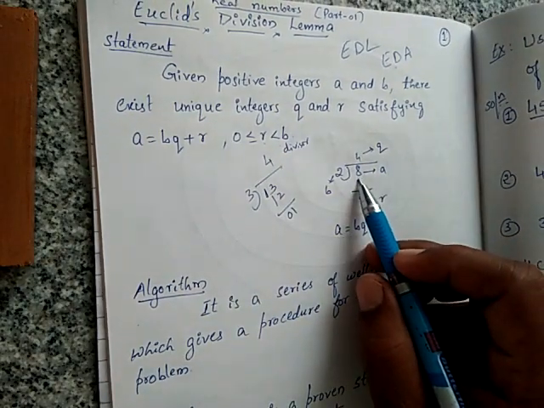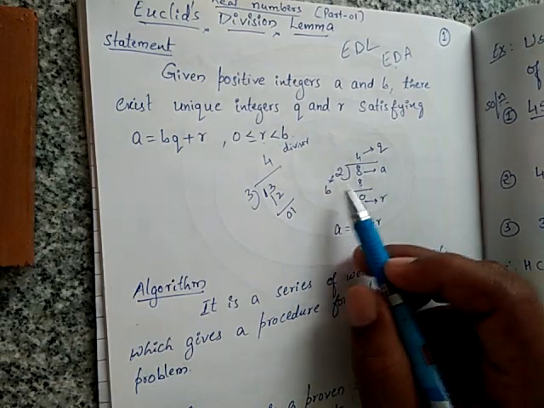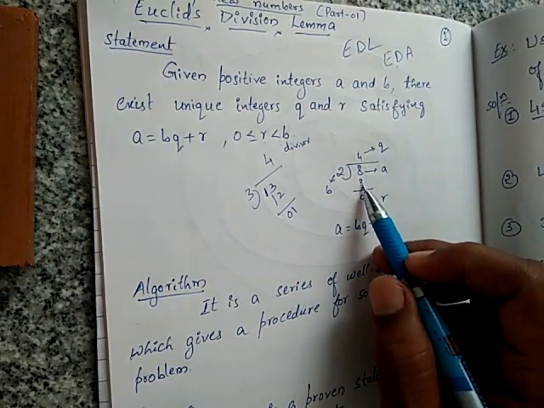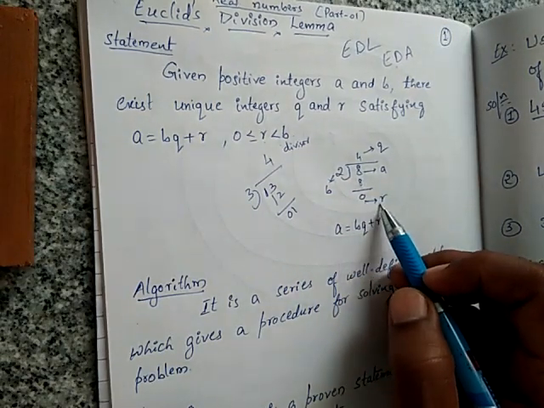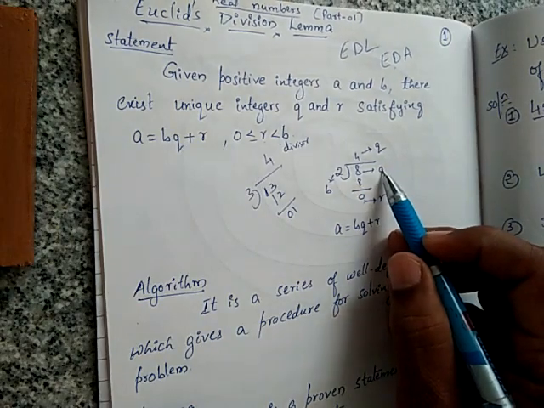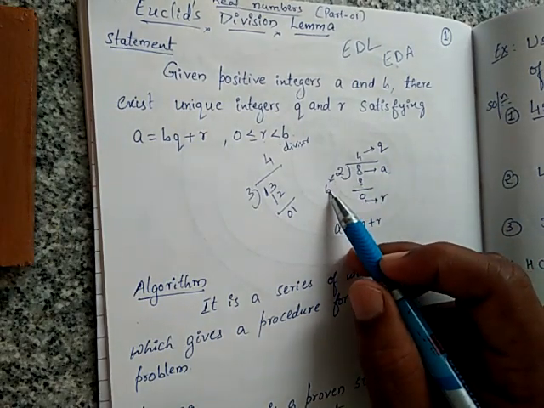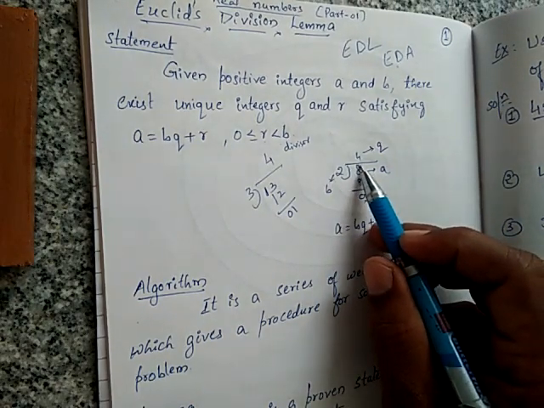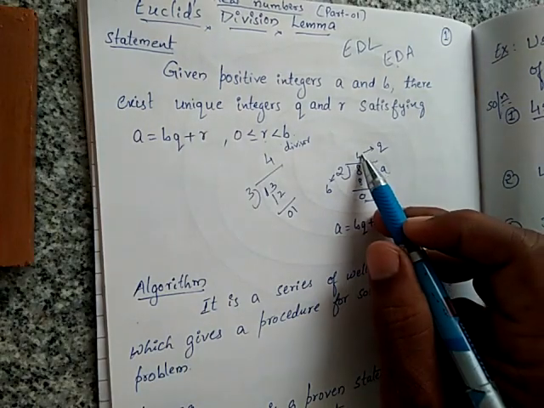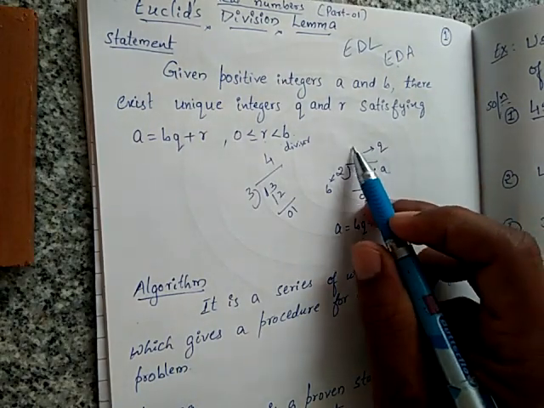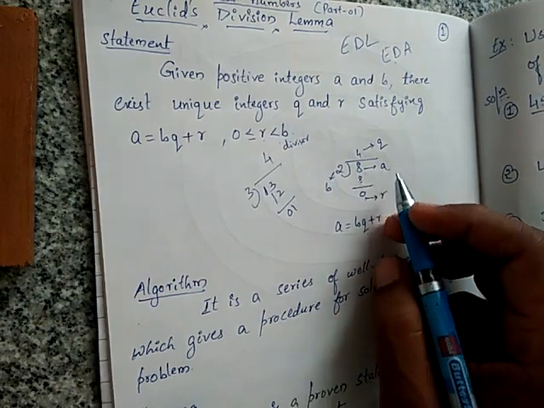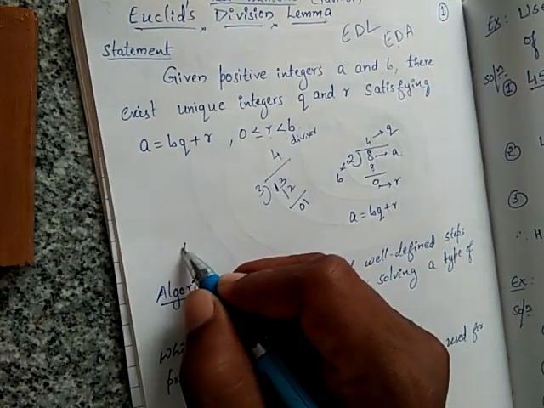For example, 8 is divided by 2: 2 fours are 8, so 8 minus 8 is 0, so 0 is the remainder. Here 8 I have considered as a and 2 as b. This is the divisor, this is the dividend, this is the remainder, and this 4 is considered as q, the quotient.